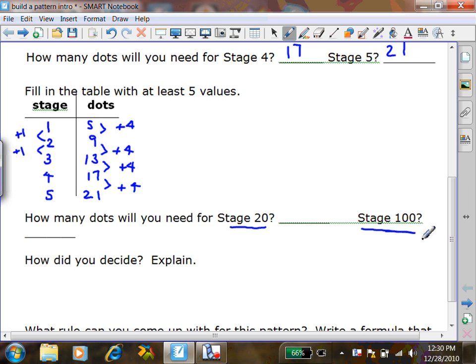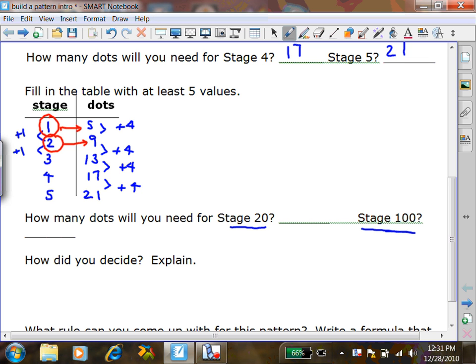So I'm going to give you a couple hints here. Our main goal is to find a relationship between this number and that number, and this number here and that number. So whatever I do to the number that's in the stage column to get 5, I want to be able to do the exact same thing to 2 to get 9.